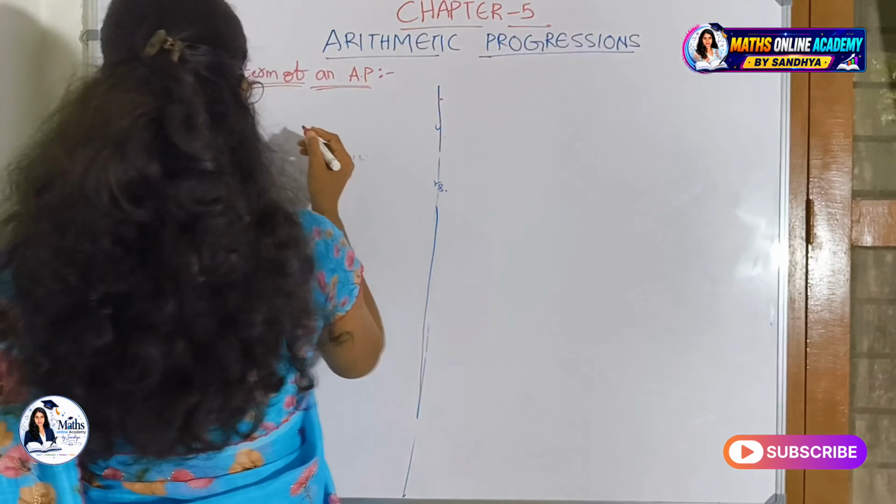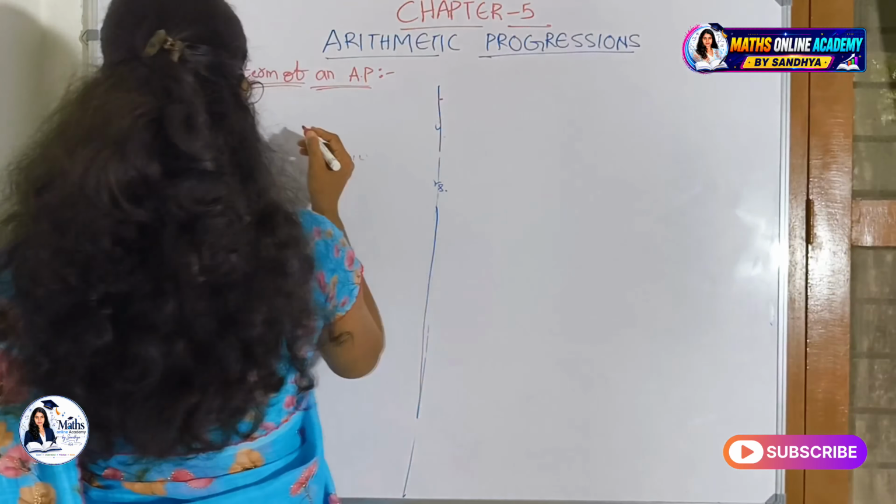Here the given AP is 10, 7, 4 and so on, minus 62.